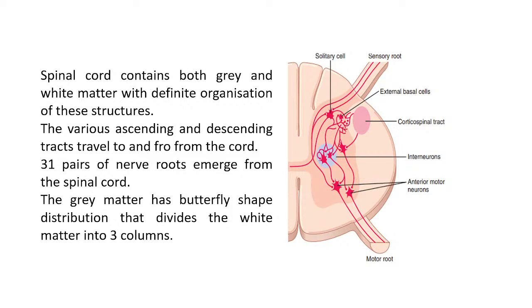ब्रेन में भी होता है, यहाँ पे भी है, ठीक है। These are the anterior motor neurons, maybe alpha motor neuron also and also the gamma motor neuron. This is the sensory root or dorsal root ganglion which is entering the spinal cord, and these are numerous interneurons in between.